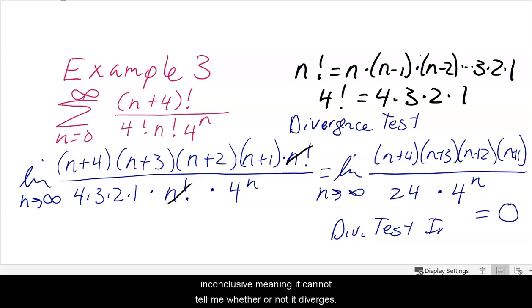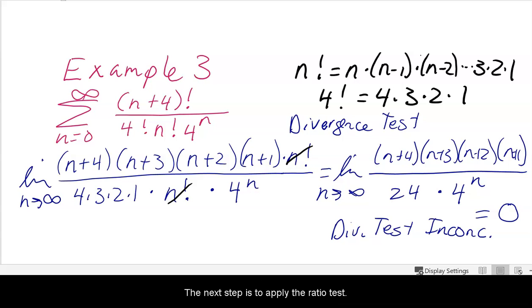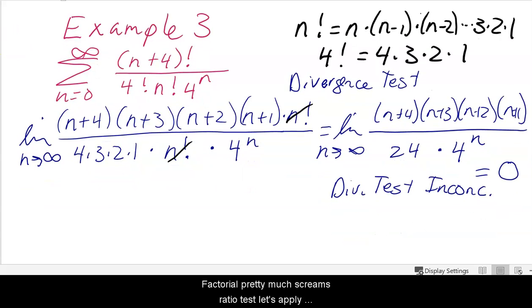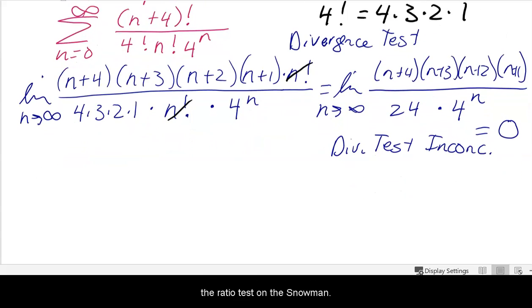It's inconclusive, meaning it cannot tell me whether or not it diverges. The next step is to apply the ratio test. The presence of the exclamation point, which means that we have here a factorial, pretty much screams ratio test. Let's apply the ratio test on the summand.